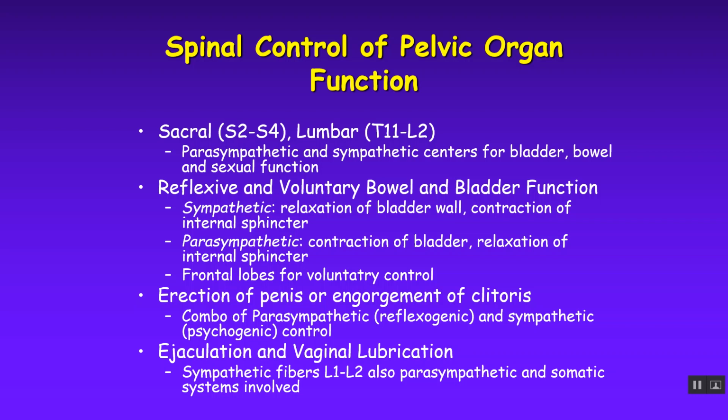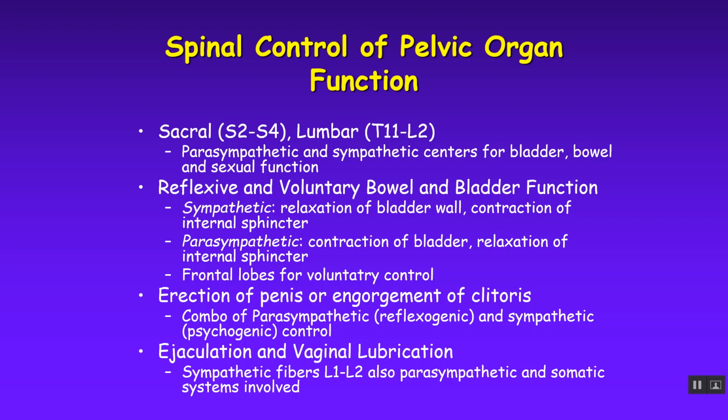For sexual function, for either erection of the penis or engorgement of the clitoris, it's a combination of parasympathetic and sympathetic control that allows for optimal functioning here. Parasympathetic plays a bigger role in the reflex part of that process, where the sympathetic has some control from higher centers, with connections to cortical centers for the psychogenic control.